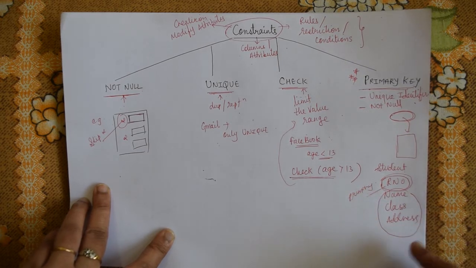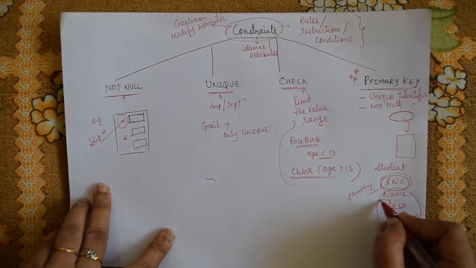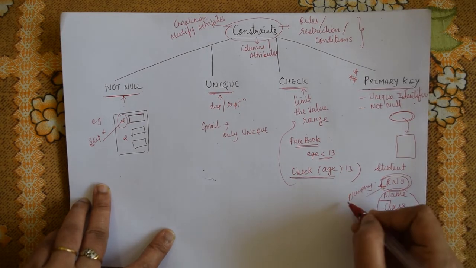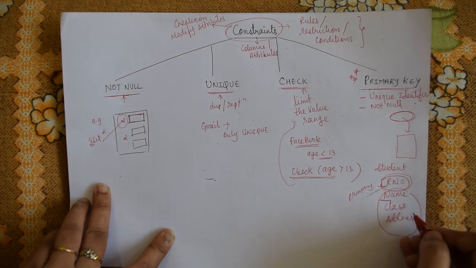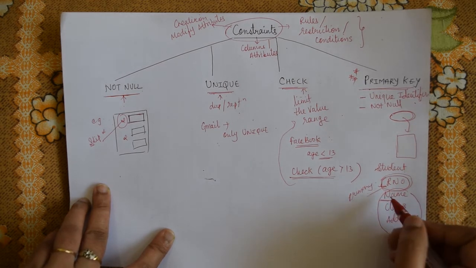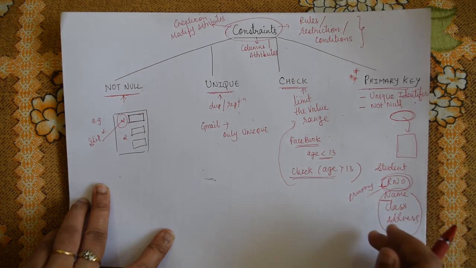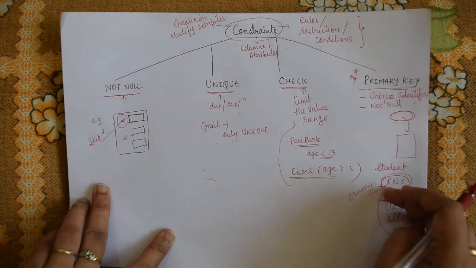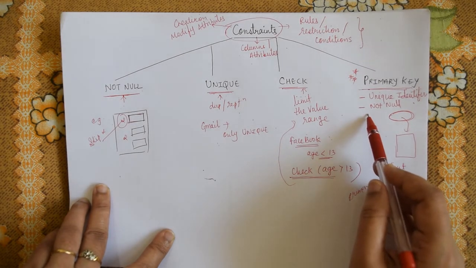If I want to search for a particular student, I will not search by name, but rather by roll number, as roll number is my primary key and I can get all other information with the help of roll number. Understood? So this is what the primary key is. Your table should always have some primary key. Understood? Primary key should not be null.